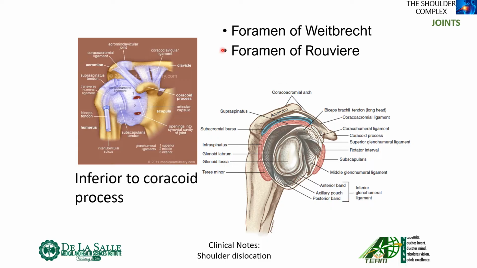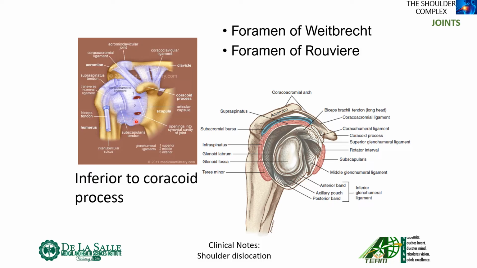The foramen of Whitebread is an opening located between the superior glenohumeral ligament and the middle glenohumeral ligament. The foramen of Rovere is the opening located between the middle glenohumeral ligament and inferior glenohumeral ligament.